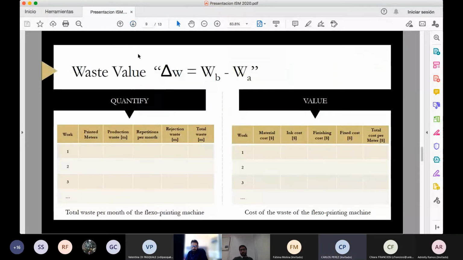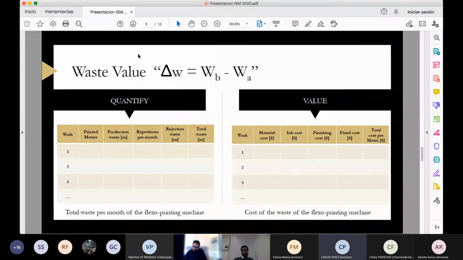And for doing this, first of all, we need to quantify the total waste by production and rejected jobs. The quantification table is an example of how we will do these measurements before and after installing the system, to finally obtain the average in linear meters of the waste with the inspection system and without the inspection system. And the difference between these two averages will be the waste savings that the system produces.